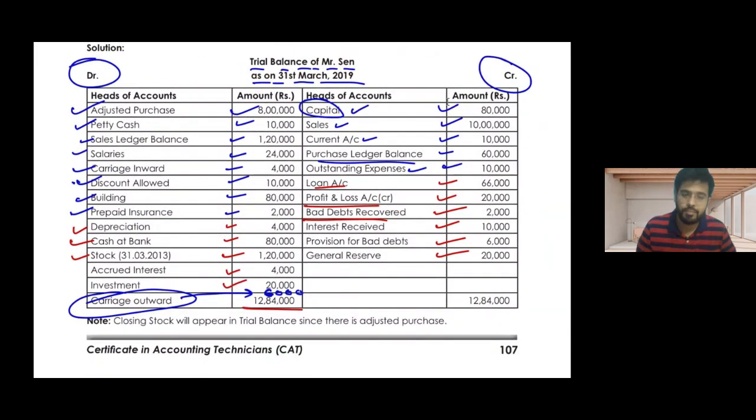Now do the total. All should match as 12,84,000. Just check it once.